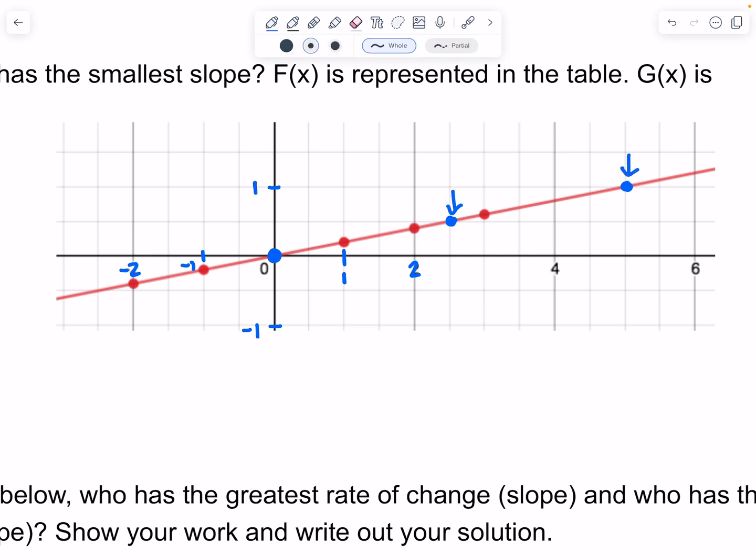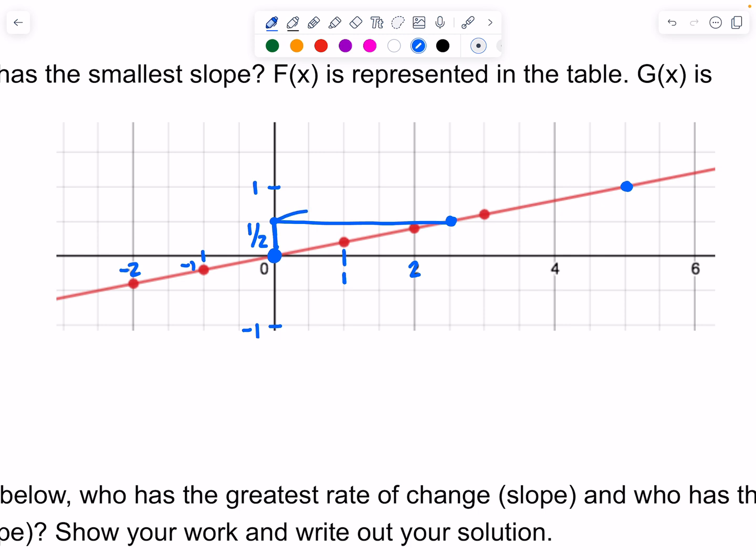Let's just go with the shorter distance. From this first point, I have to go up 1 unit, and then I have to go over. Actually, I said 1 unit, but really in this scale, that's only a half, because each box is not just worth 1 this time. So I have to be careful. I go up half a unit.